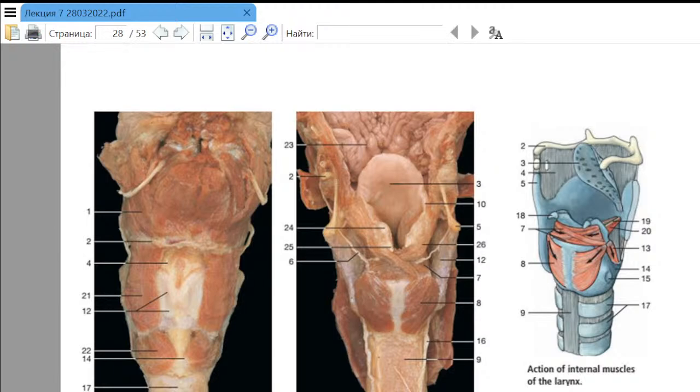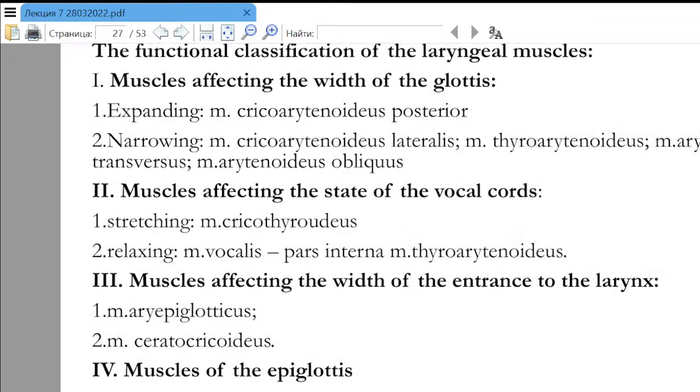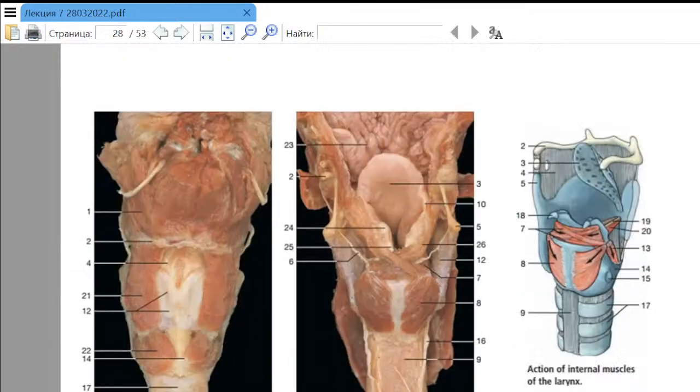What you see, expanding muscles. This is cricoarytenoideus posterior. This is narrowing muscles.